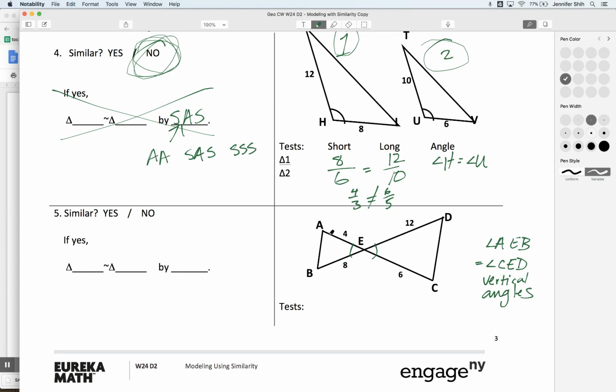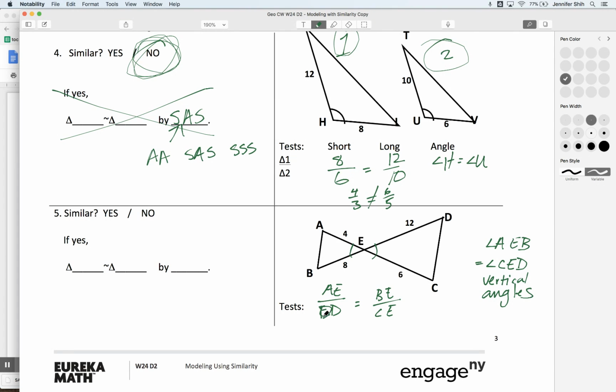Now let's test this. Maybe AE is proportional to ED, the smaller triangle and the bigger triangle. Maybe that's equal to BE and CE. Who knows?